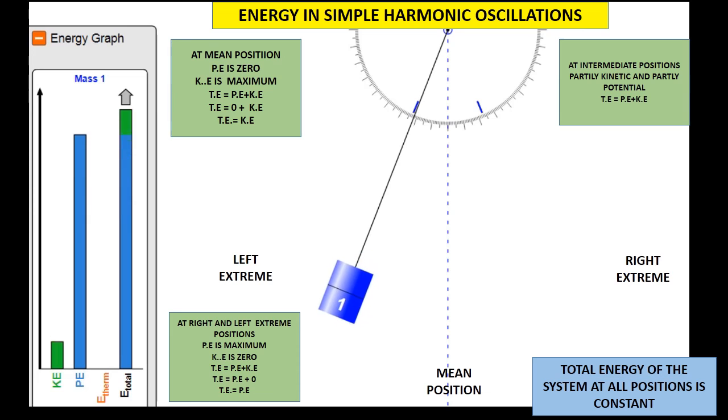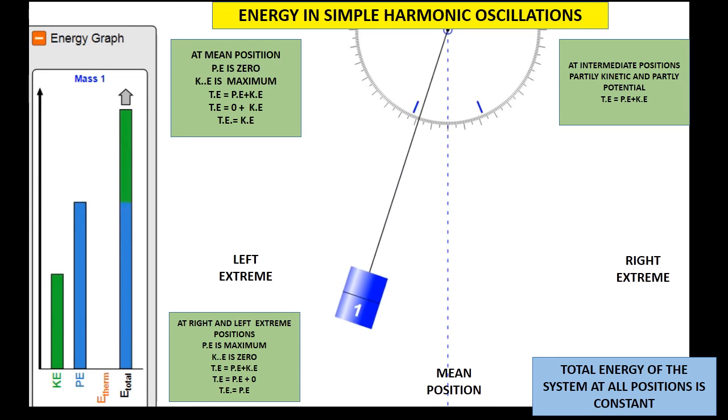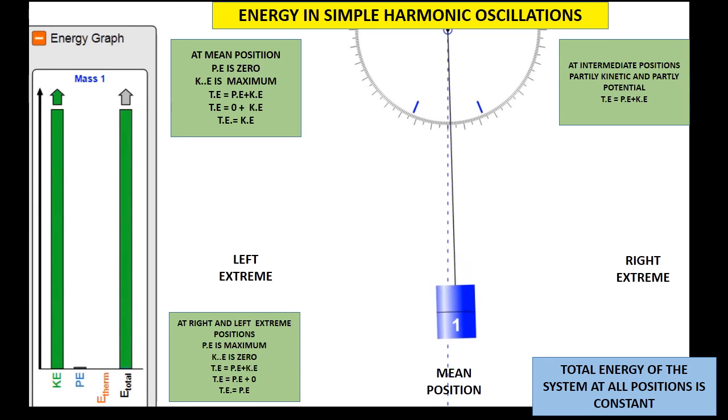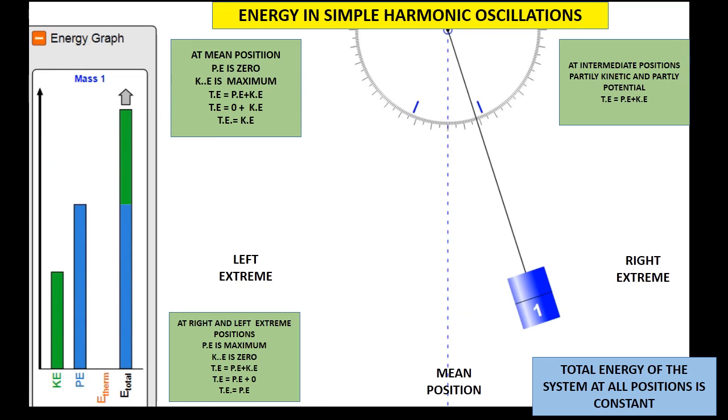Okay. Look at here. Now also, when it tries to reach the right extreme, the energy is partially kinetic and partially potential. This is one of the intermediate positions. Okay.